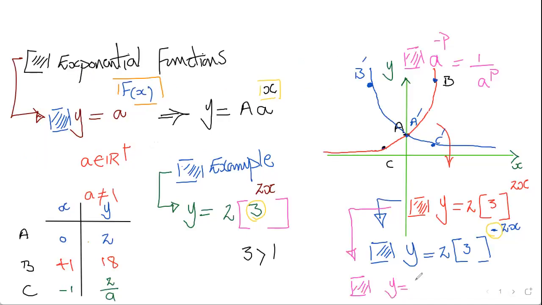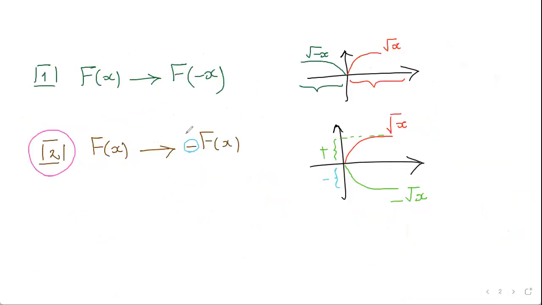It means that I have minus 2 to the power of 2x. Now, what's happening there? You notice that with this transformation, where the minus is acting before the f, the function is going to be reflected with respect to the x-axis.